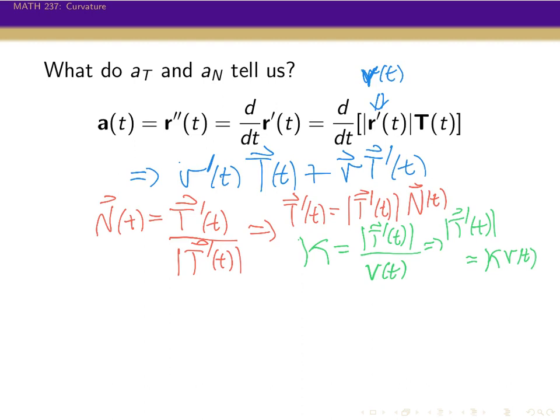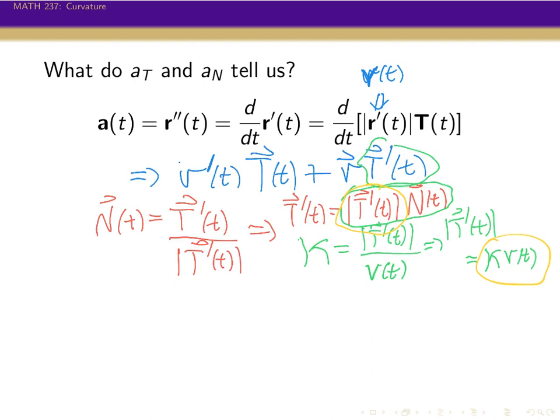Okay. So then putting this all together, I've got T prime of t is equal to the magnitude of T prime of t times the normal vector. But then the magnitude of T prime of t is curvature times velocity.